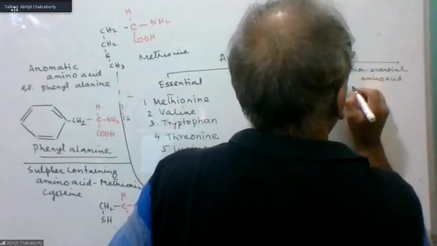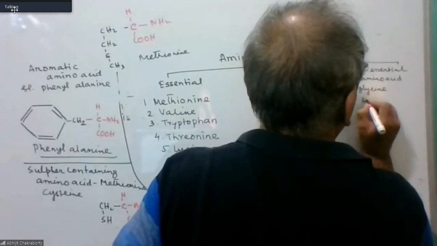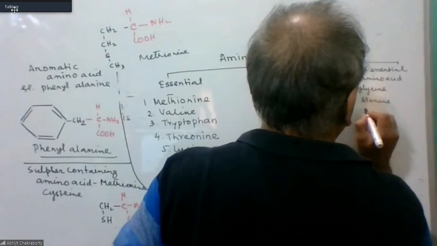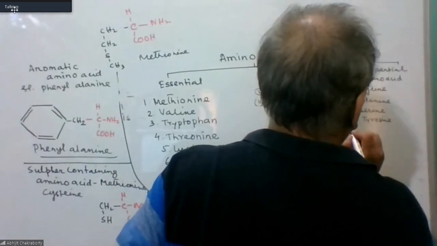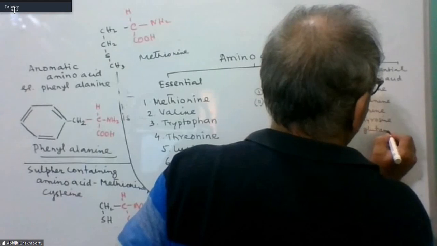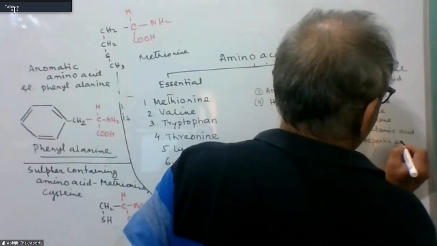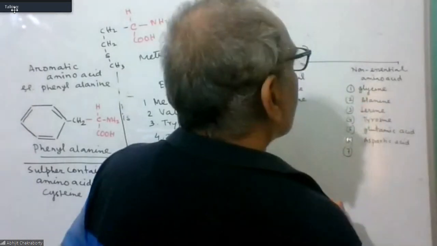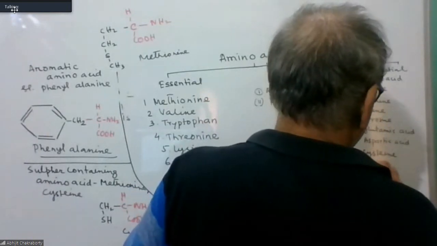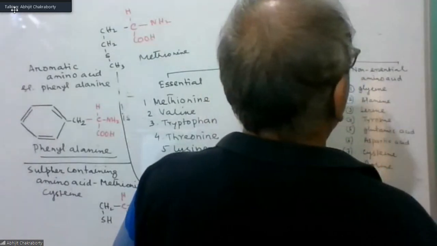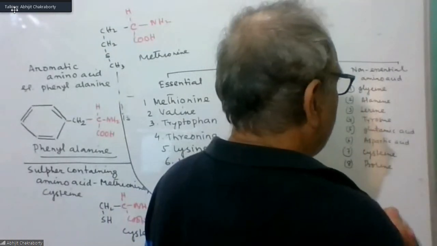Like glycine, cysteine. Glycine, alanine, serine, tyrosine, glutamic acid, aspartic acid, cysteine, proline.